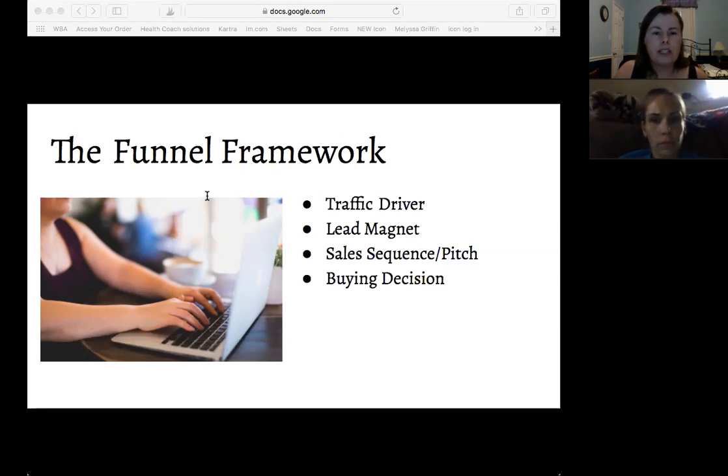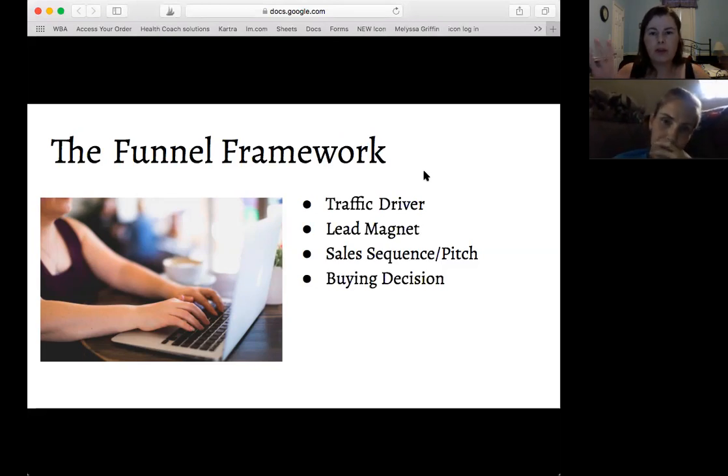All right. So we talked about this a little bit, the funnel, and I probably should have put in a picture here instead of me typing on a keyboard. A funnel is large at the top and then gets smaller and smaller until it goes all the way to the bottom. At the top, we've got our traffic.